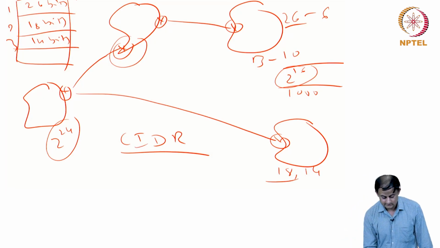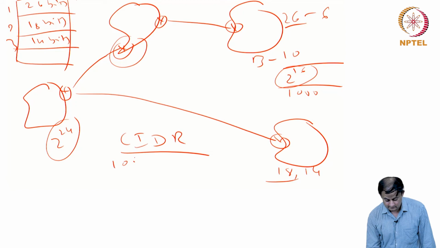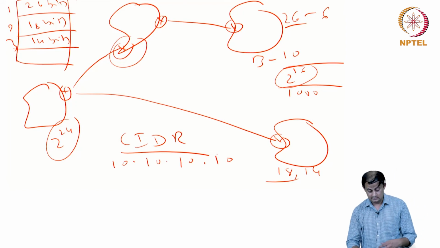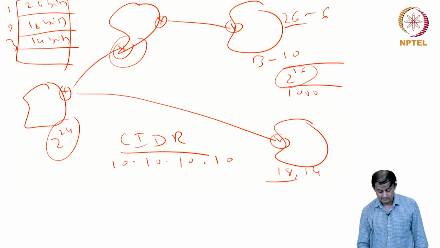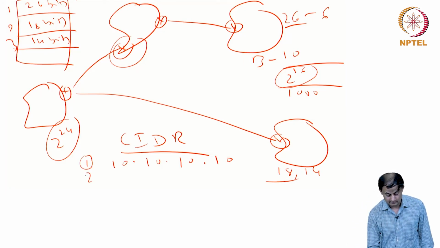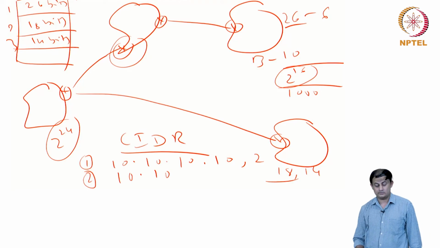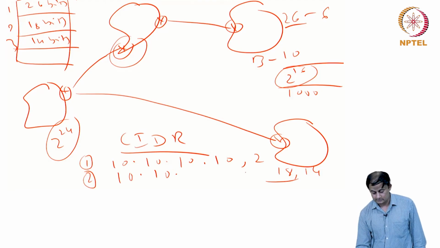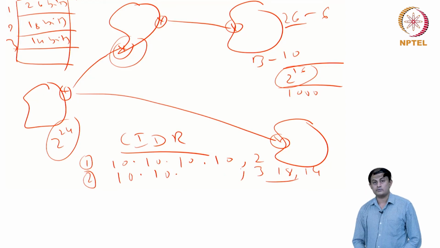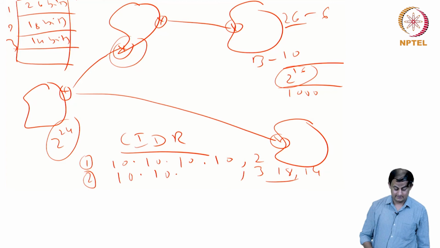So, let us say 10.10.10.10 is the IP address, this is the exact 32-bit IP address, and this is entry number 1 in the routing table, which says you forward it to port number 2. And entry number 2 might say that anything starting with 10.10, and I do not care what the remaining 16 bits are, you forward it to port number 3, or port number 2 itself, whatever it is.